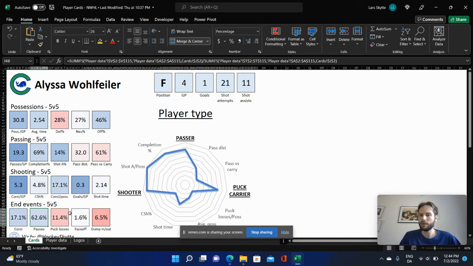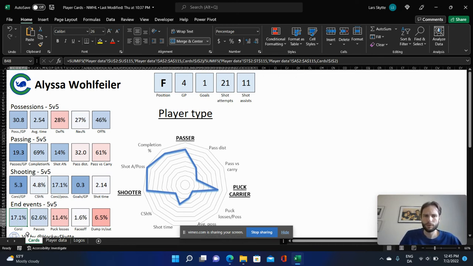That defines if you're a passer or not. If it's an incomplete pass or a complete pass, doesn't matter. It's the number of total passes. It's the same way I defined shooter: how big a percentage of your possessions ends with a shot. The higher the number, the more of a shooter you are.